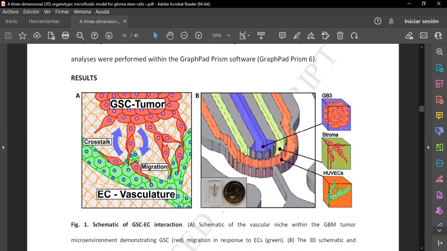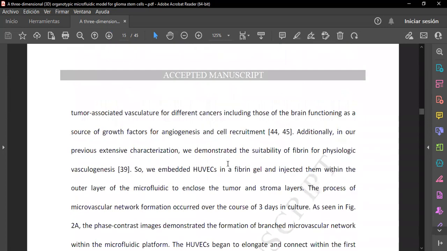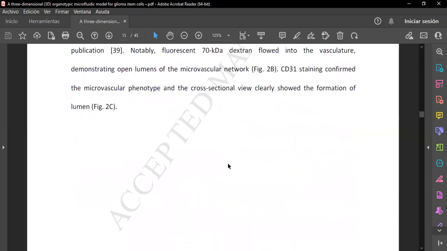HUVEC cells are an established cell line for modeling endothelial cells. Fibrin in hydrogels was demonstrated to activate the vasculogenesis process that can be appreciated in these HUVEC cells.